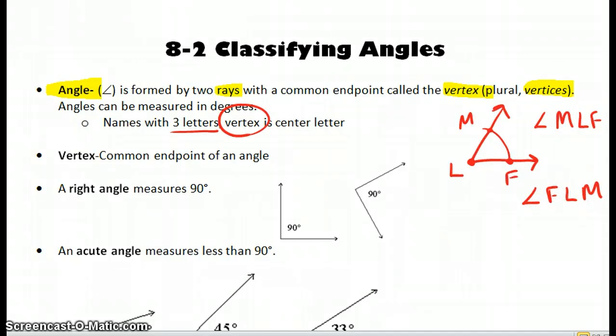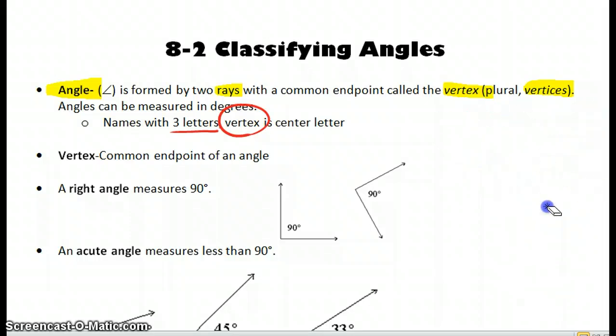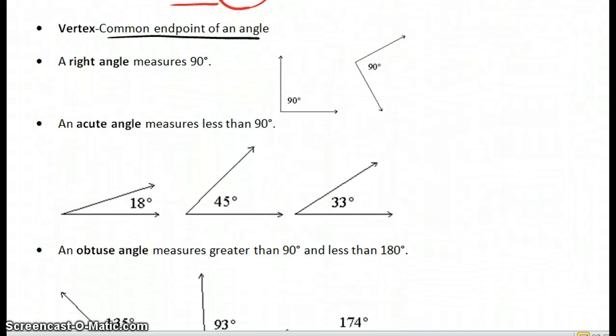You'll notice that I made sure that my vertex, my L, was in the middle of the three letters that I chose whenever I named it. So an angle is formed by two rays with a common vertex, endpoint of our angle.